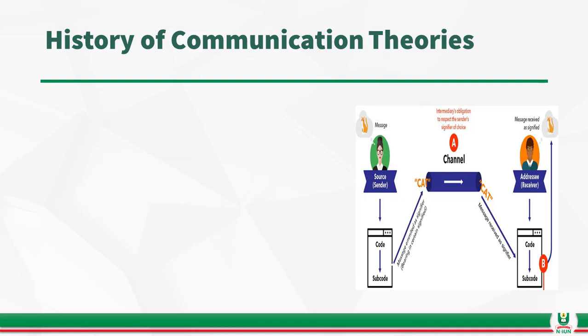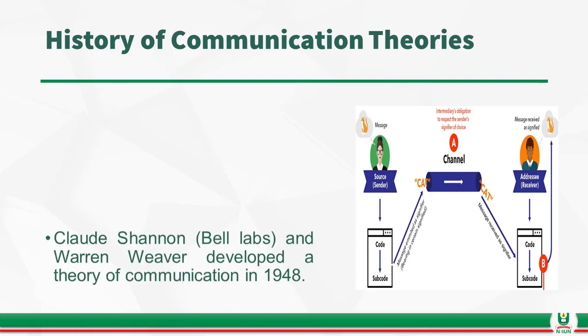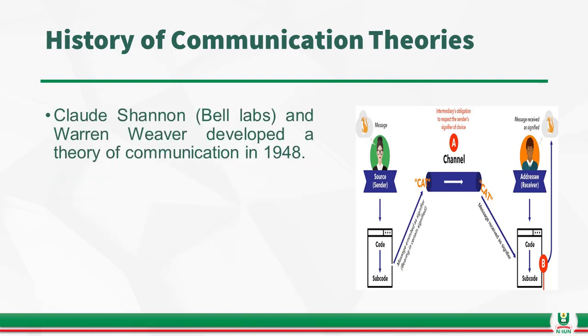Let's talk about the history of communication and theory. How did this thing get started and why are we using theory for communication? What is the relationship? Now, we have Claude Shannon and Warren Weaver. These two people developed the theory of communication in 1948.